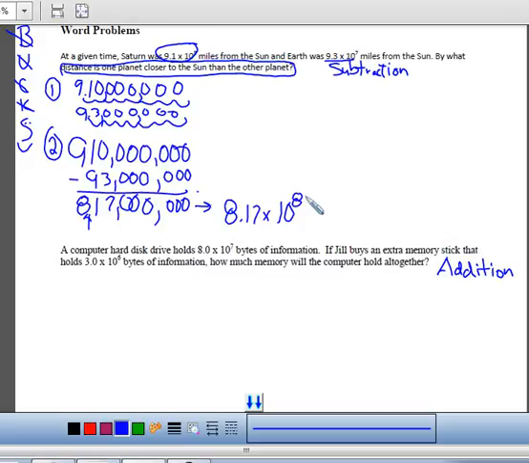Now we answer it in a complete sentence. So here's the numeric answer. By what distance is one planet closer to the sun than the other planet?